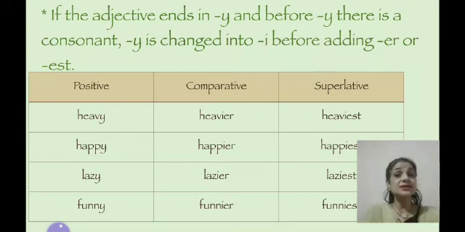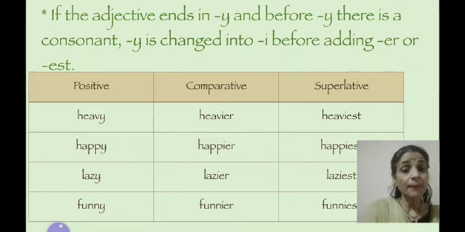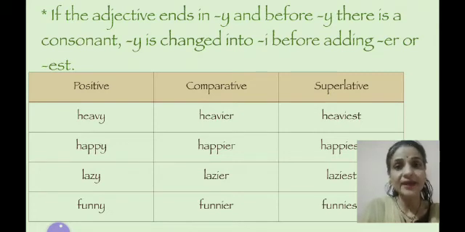The last letter is Y, so in comparative it will be heavier, and superlative is heaviest. Same with happy, happier, happiest, lazy, lazier, laziest, funny, funnier, funniest. So in short, you have to remember the rules of changing spelling when we add ER and EST.